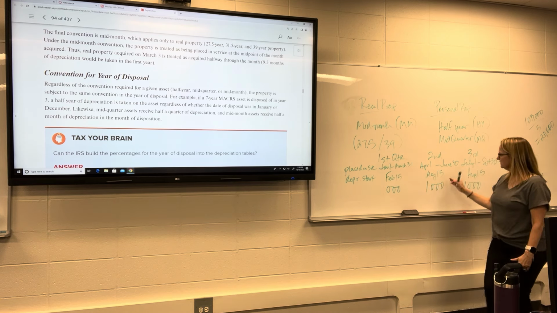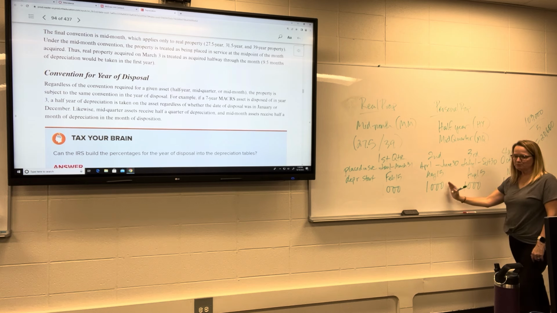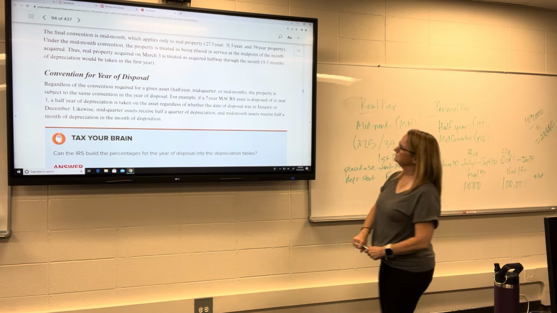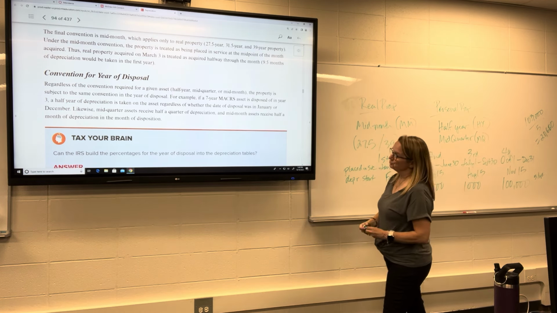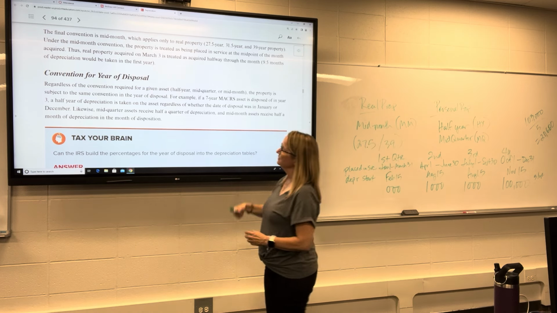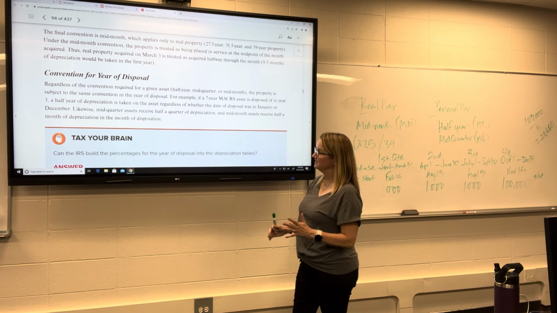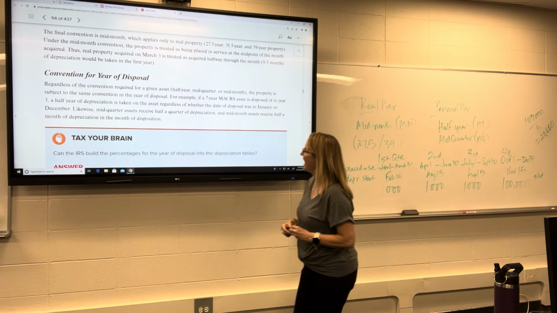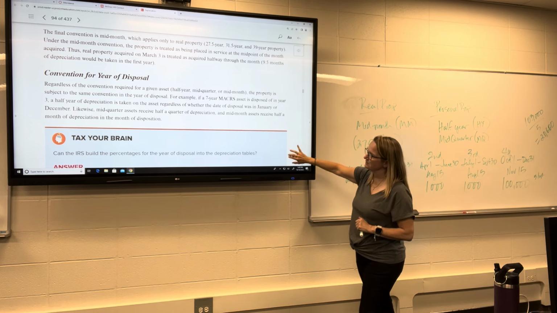In that 6th year, we're gonna look at when we sold it, when we got rid of it, and stop depreciating it in the middle of the quarter in which we disposed of it. For example, if a 7-year MACRS asset is disposed of in year 3, half a year of depreciation is taken on the asset regardless of whether the date of disposal was in January or December. Likewise, mid-quarter assets receive half a quarter of depreciation, mid-month receive half a month of depreciation.